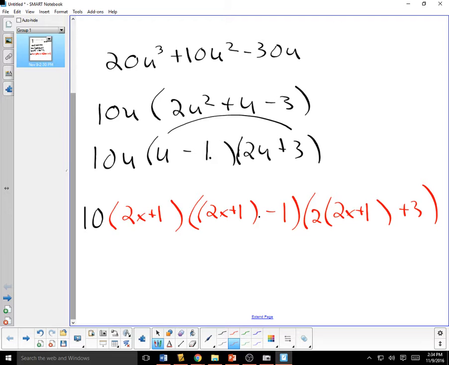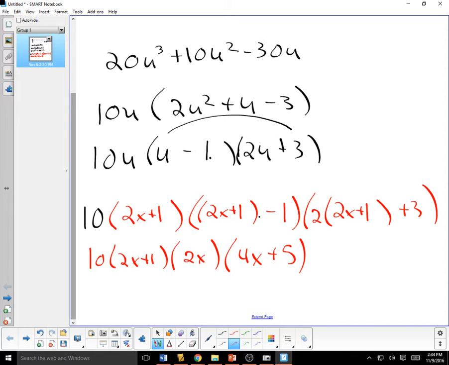Oh, I can clean it up inside of these binomials. So let's do that here real quick. So 10 times 2x plus 1. That would become 2x. Over there, I would get 4x plus 5.